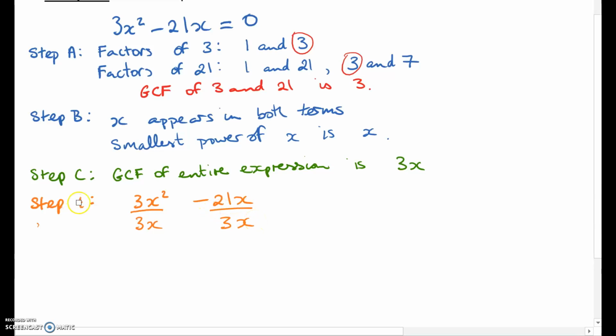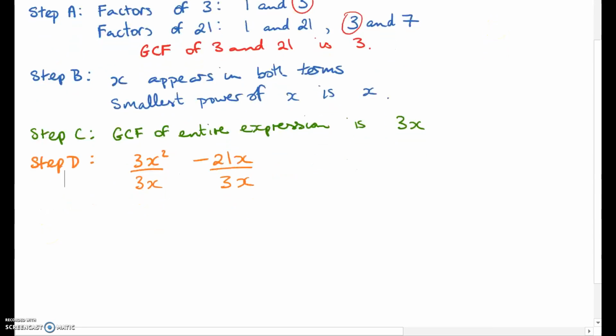And let's, for continuity, go back and make this a D. Okay, now if we do that division, 3 divided by 3 is 1, x squared divided by x is just x, minus 21 divided by 3 is 7. And the x's cancel because it's x on top and x on the bottom. So it's 1x minus 7. We're going to change that to x minus 7 in a moment.